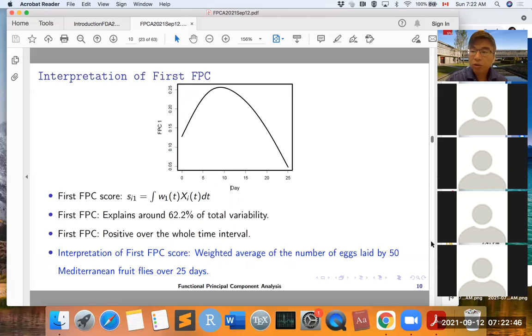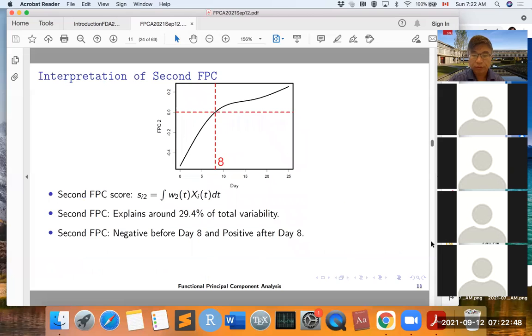Okay, so now let's look at the interpretation for the second FPC. The second FPC explains around 29.4% of total variability. We can see that the second FPC is negative before day 8 and positive after day 8.